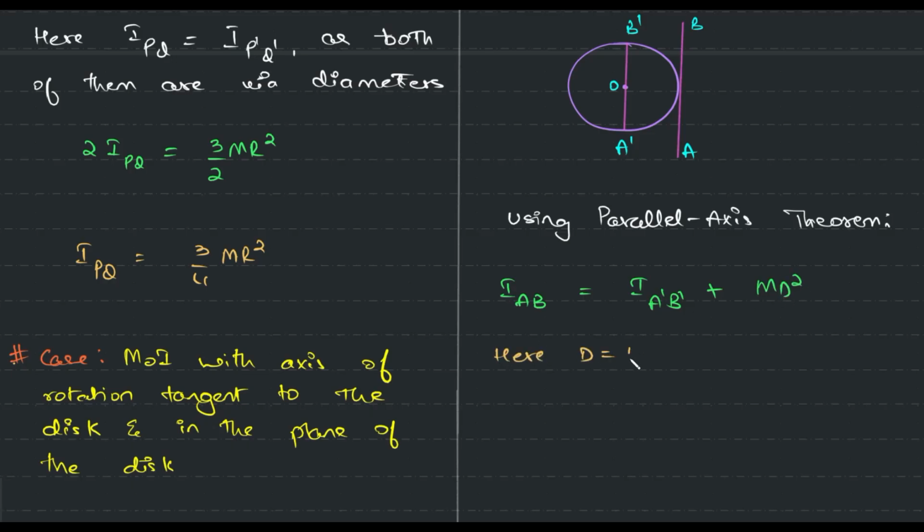Here d will be equal to r. There is a shift of r. And then we have IAB is equal to 3 by 4 mr square plus m r square, and you do the math. So this will be 7 by 4 mr square.